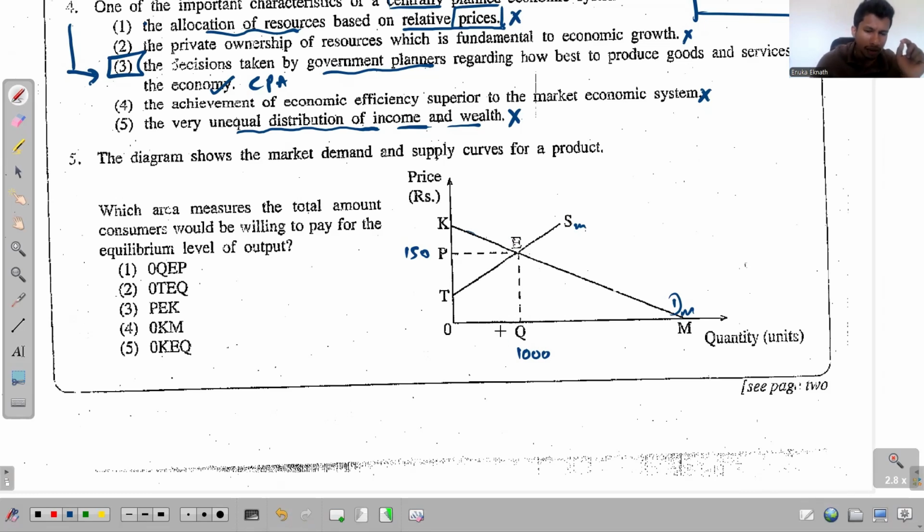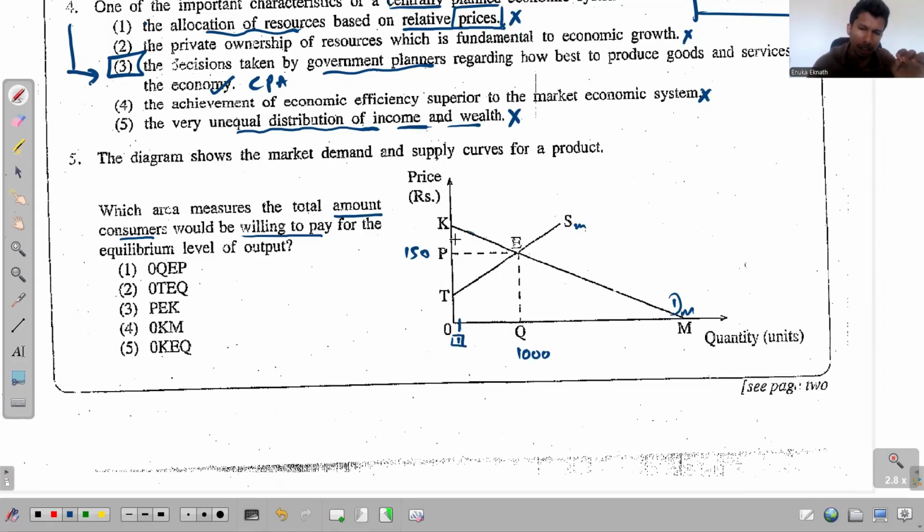So what if I ask a question? If this consumer is going to purchase this very first unit in the market, what's the amount that this consumer is willing to pay for that very first unit?